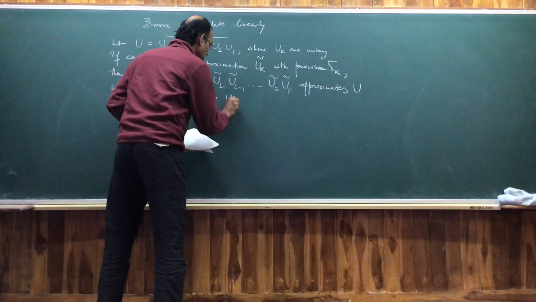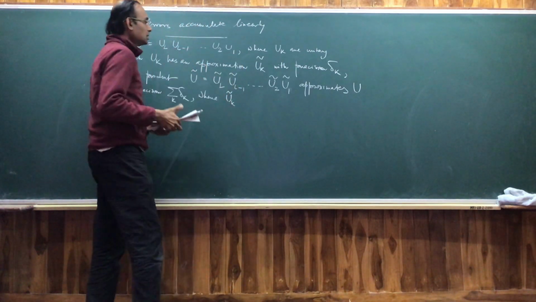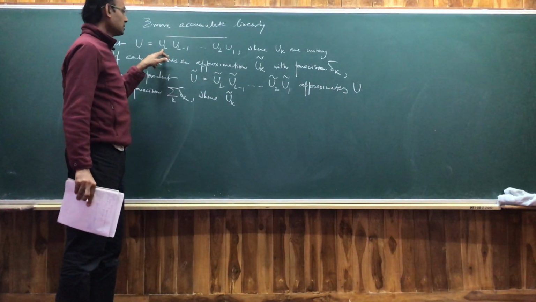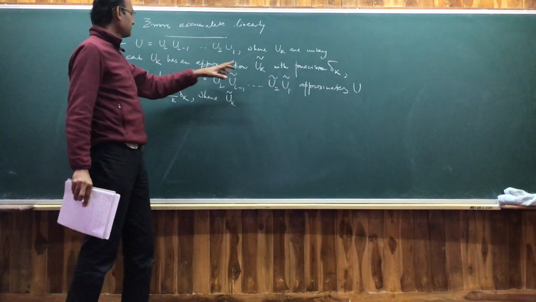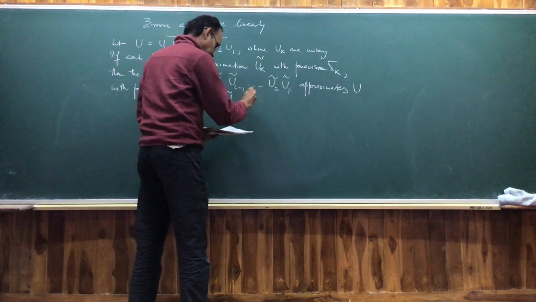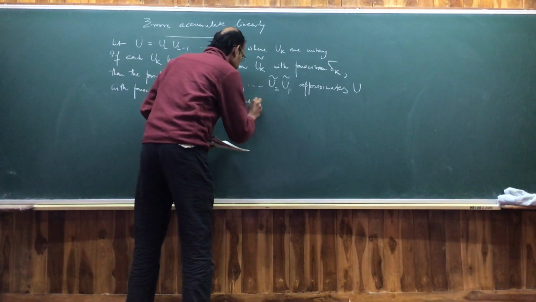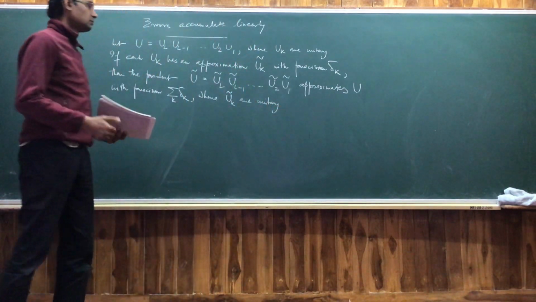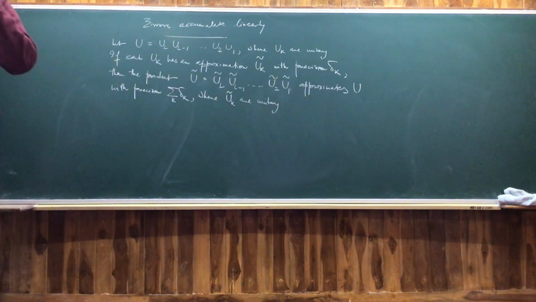The UK were the unitary operators that I wanted to implement. I don't have them, I have the UK tildes, but they are themselves unitary as well, because it's only unitary operators that are available to us. There's nothing else in nature.